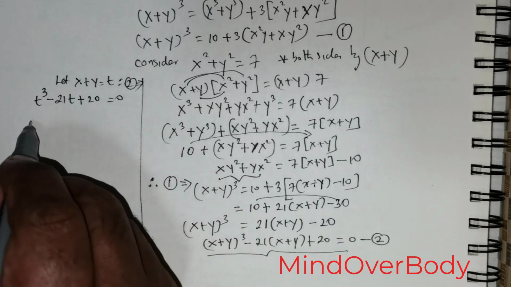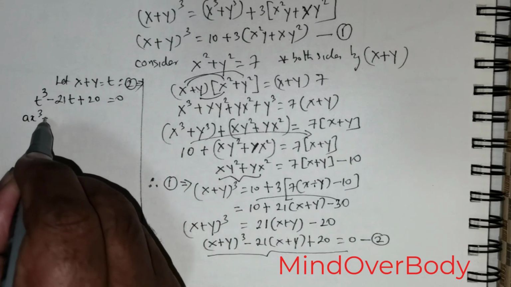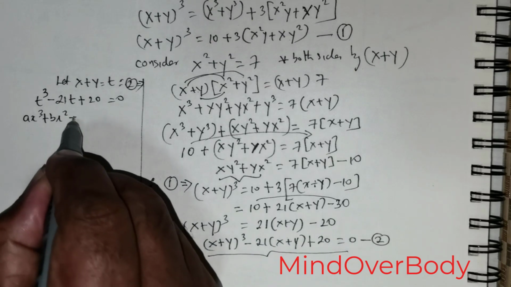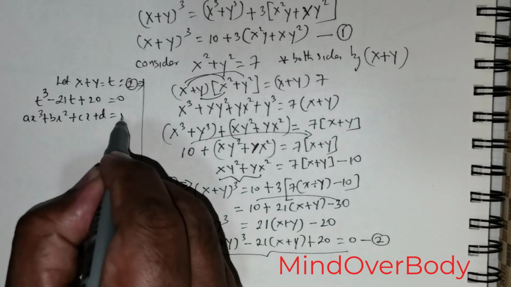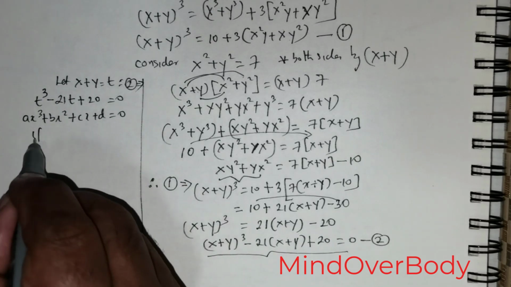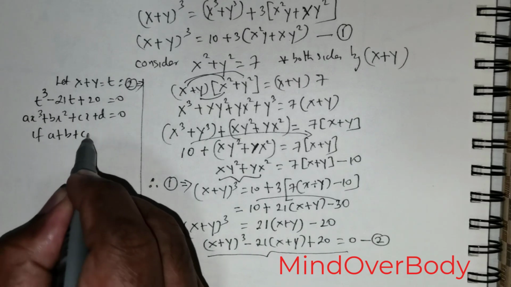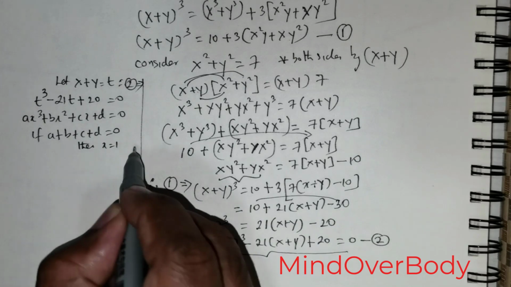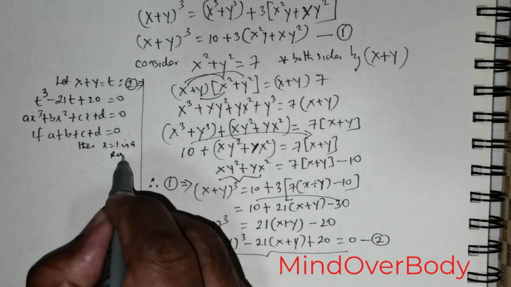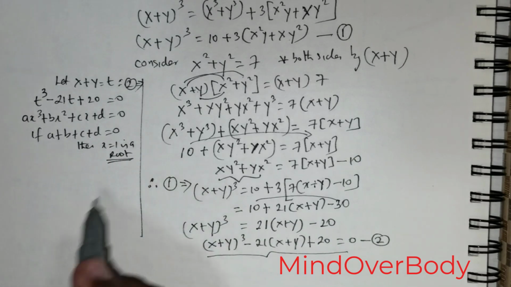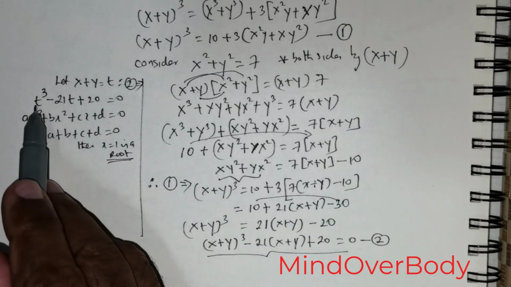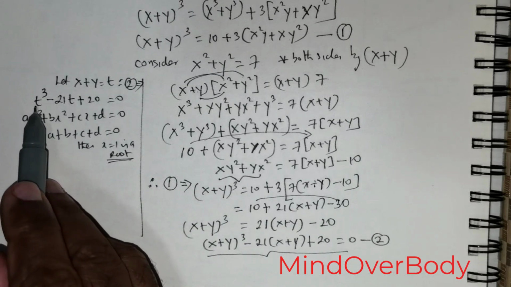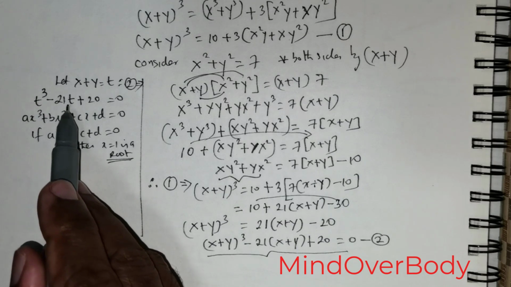Now this is similar to a x cubed plus b x squared plus c x plus d is equal to 0. Now if a plus b plus c plus d is equal to 0, then x is equal to 1 is a root. So based on this fact, I want to take in the coefficients of t cubed, t squared, t and the constant.